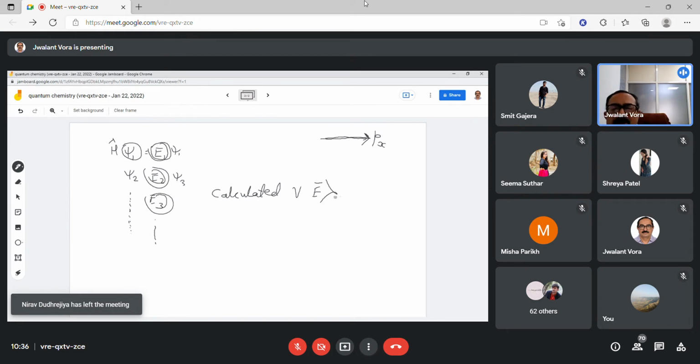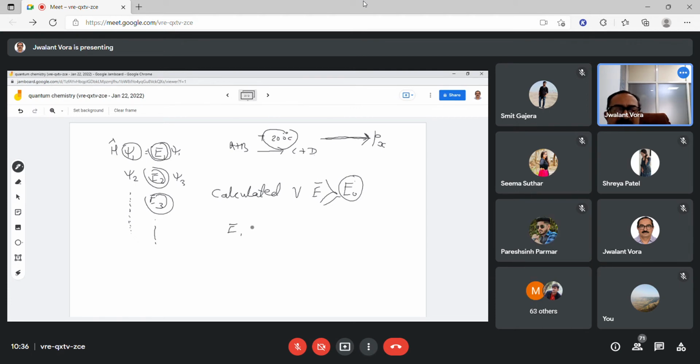They will be always greater than the true value E0, which is the lowest amount of energy. આપણને મેં તમને કહ્યું હતું કે કેમિકલ રિએક્શન છે A plus B gives C plus D. એમાં ટેમ્પરેચર આપણે 200 ડિગ્રી સેન્ટીગ્રેડ જોઈએ છે. તો E1 will say that it is 205 degrees centigrade.